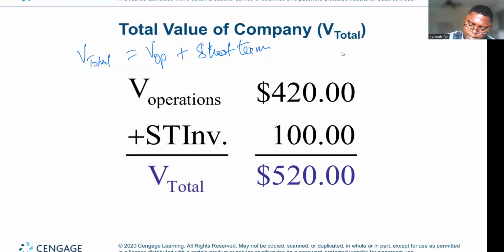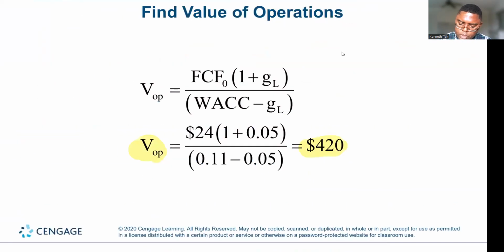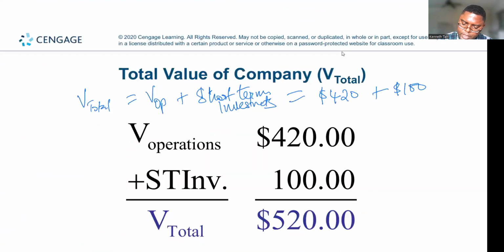In this case, the value of operation we obtained is 420 million, plus we were told in this question that short-term investment is 100 million. So that is going to give us a total of 520 million. So this is the total value.